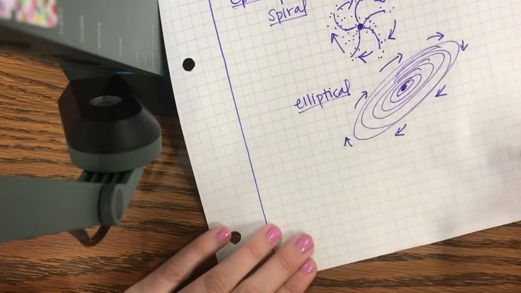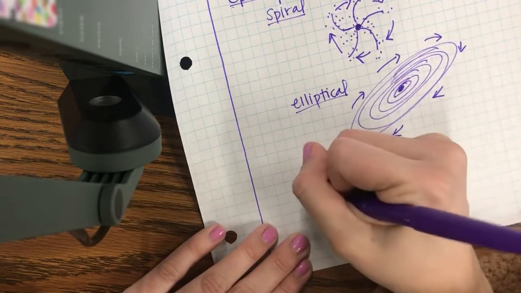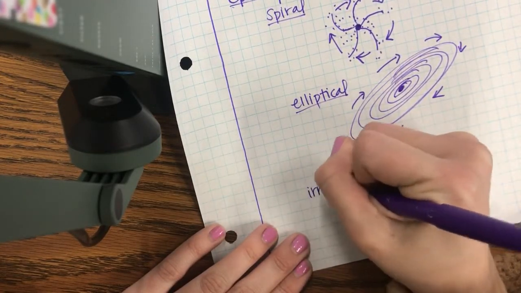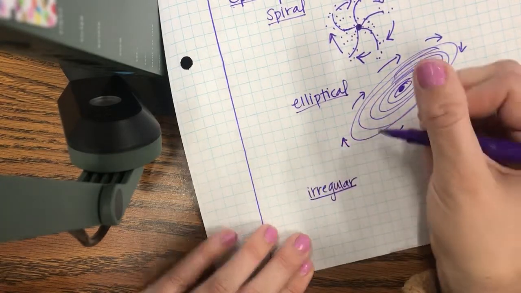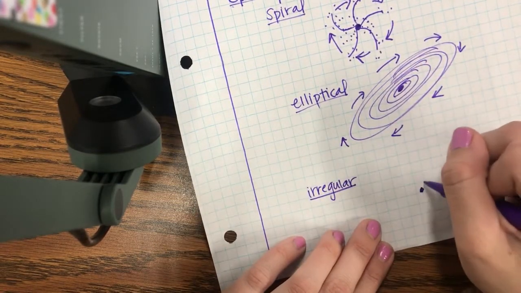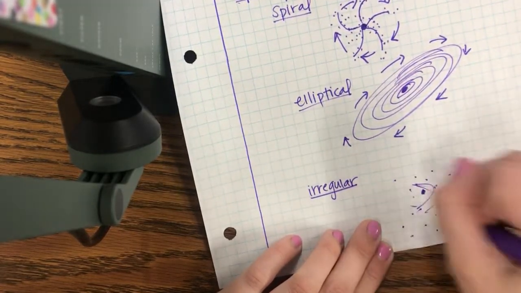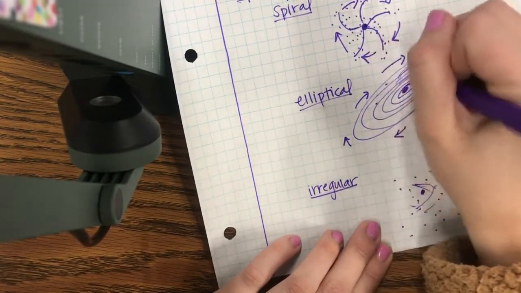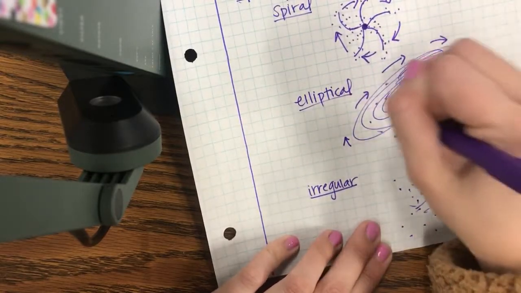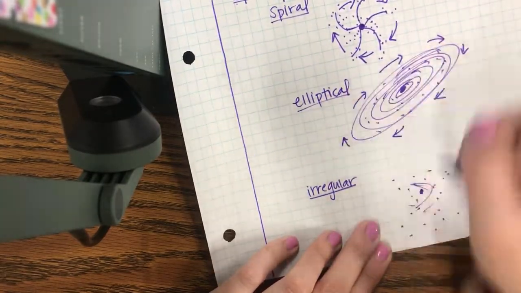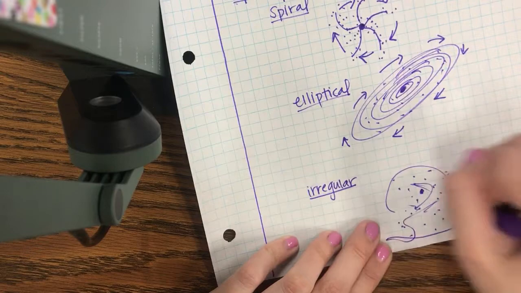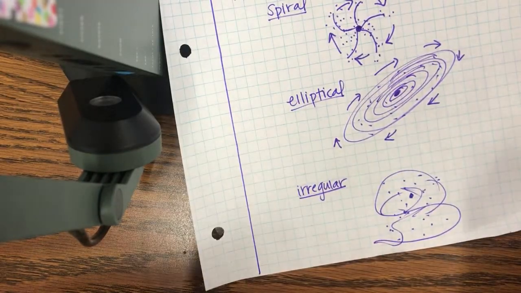And then we have our last shape, which is going to be irregular. And these are just kind of all over the place. Like just stars. They don't really have a shape, hence the name irregular. They're just everywhere. Just a weird, random shape.